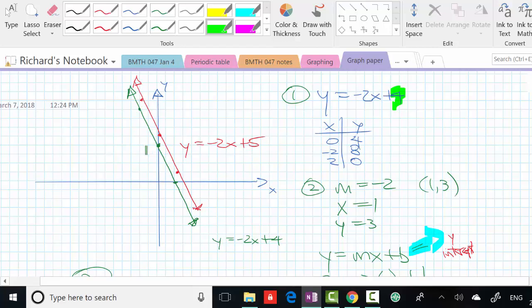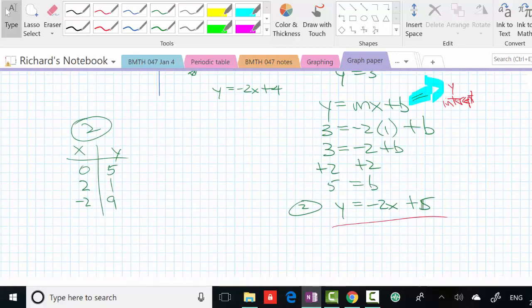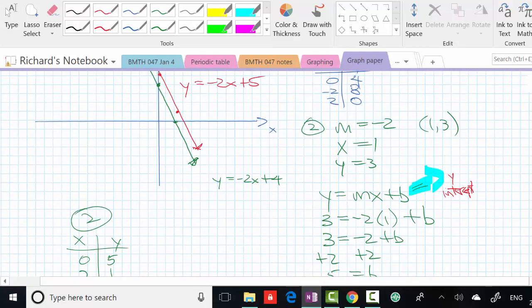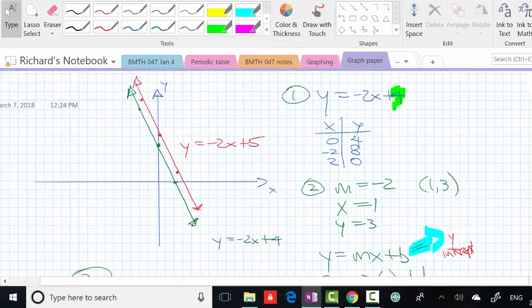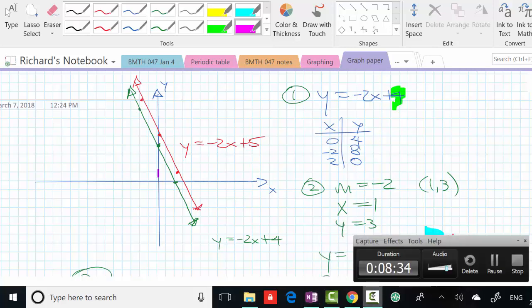Equation number 2 has a y-intercept of plus 5. 1, 2, 3, 4, 5. The equations result in graphs which are parallel because they have the same slope, and that's the key to solving this example.